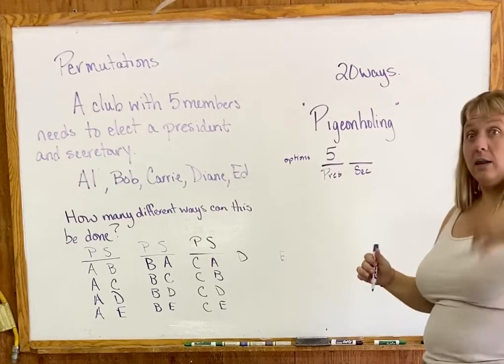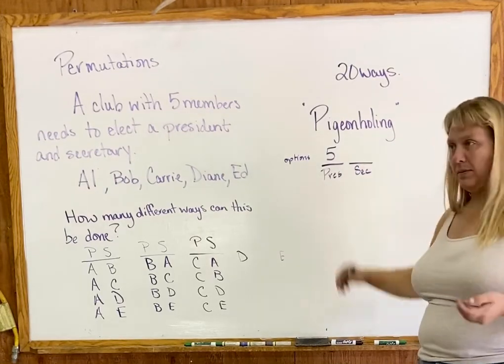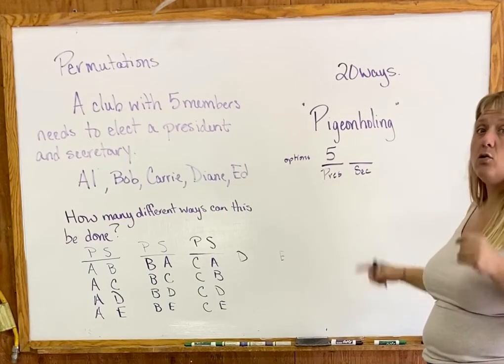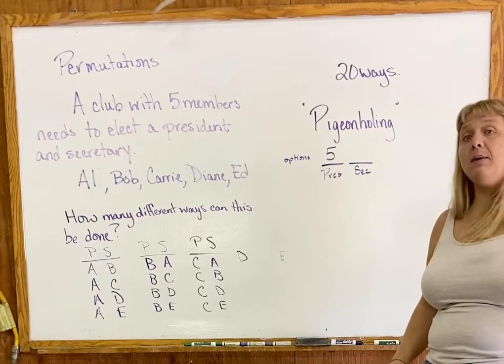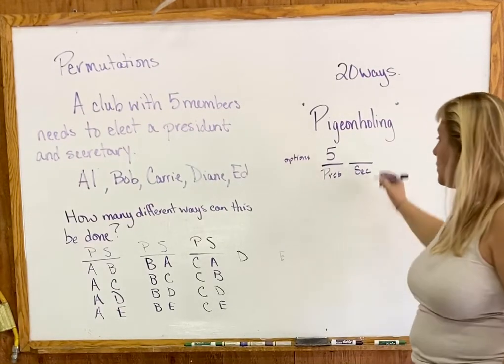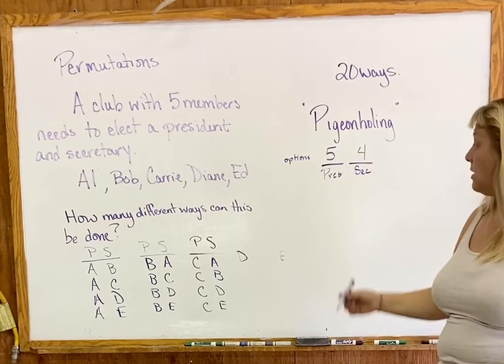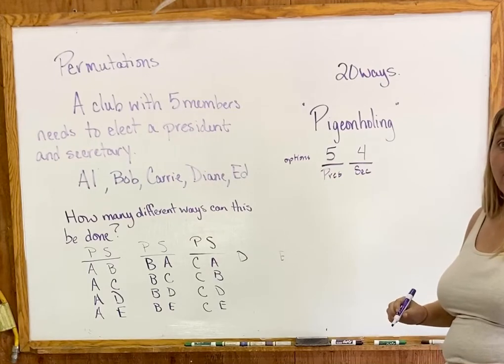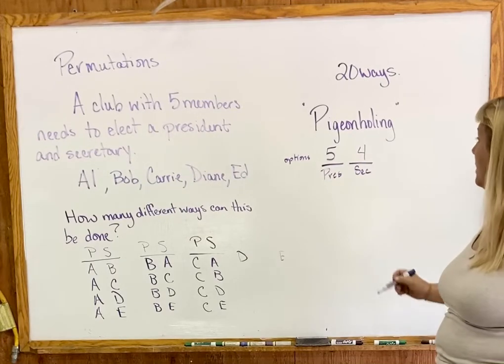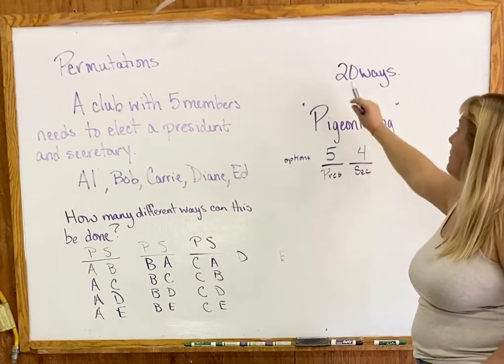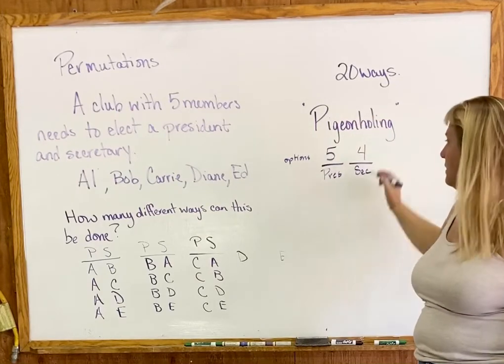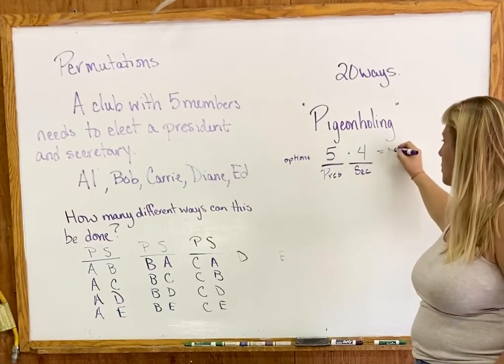Now, we elect a president. It's Bob. Okay. Then when we go to elect a secretary, now how many people are vying for that? So there would be 4, right? Because somebody's already president. Bob is already president. So there's only 4 people left vying for the next one. And what would you do with 5 and 4 in order to get 20? So if we multiply those, don't we get 20?